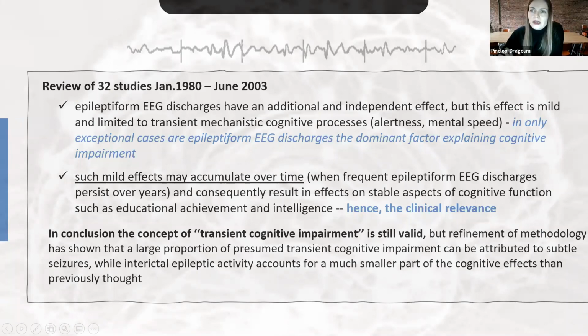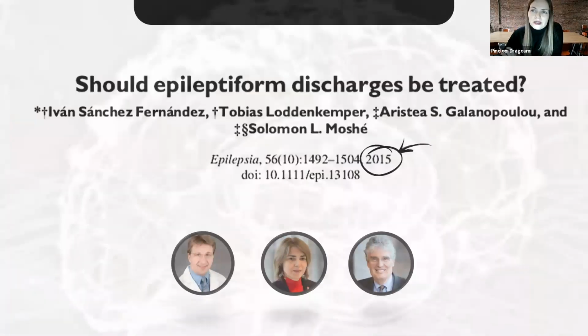So there is a case for the transient cognitive effects of subclinical interictal discharges, but this accounts for a smaller part than we thought previously. And the important thing is the effect of this being persistent over time, early on in the development.